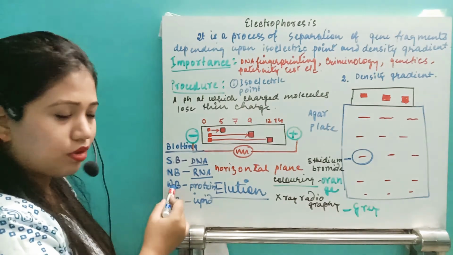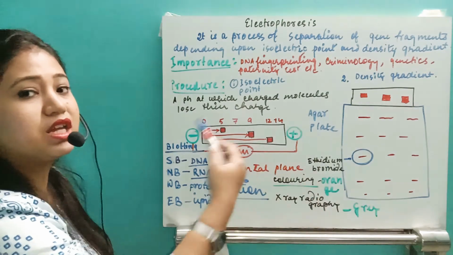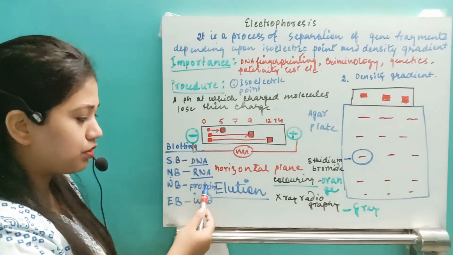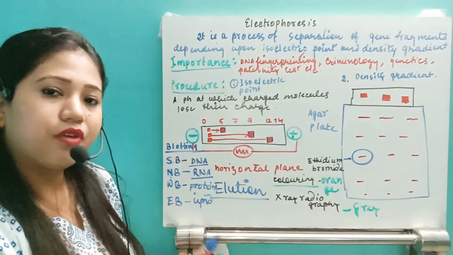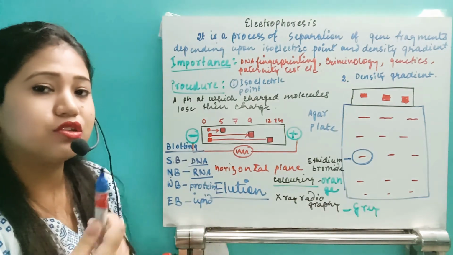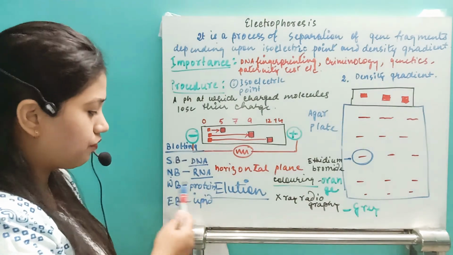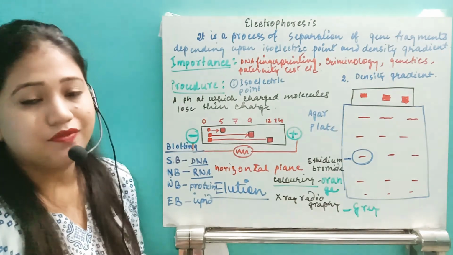Southern blotting for DNA fragment separation from the gel plate onto a nitrocellulose plate. Northern blotting, by which we can take the RNA from the gel plate onto a nitrocellulose plate. For protein, we have Western blotting, and for lipid, we have Eastern blotting.